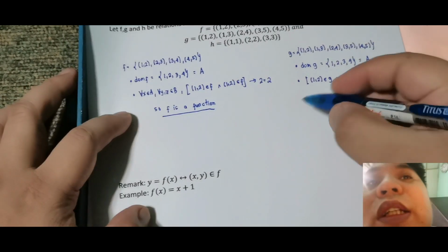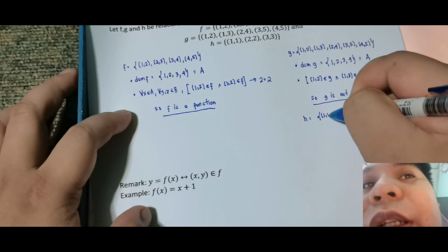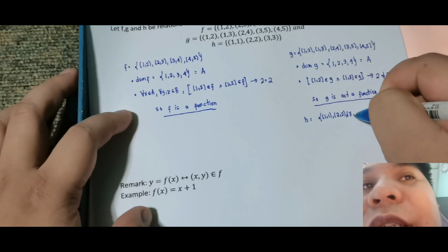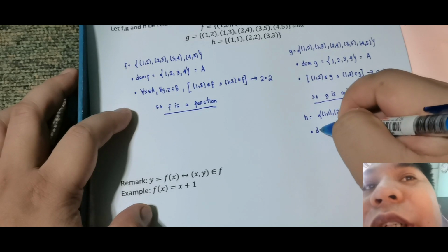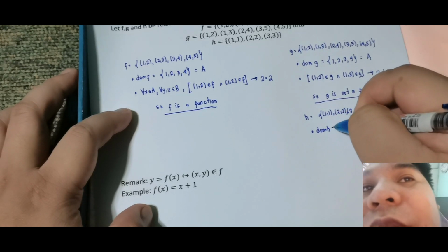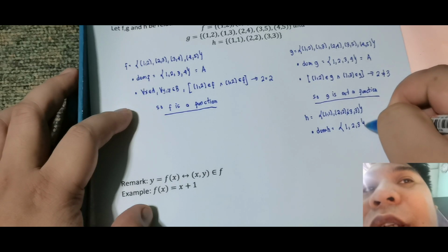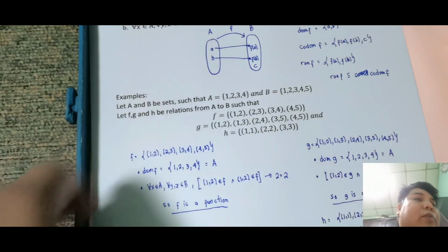Then letter H, check natin letter H. H is the set containing (1, 1), (2, 2), and (3, 3). Okay, so let's have the domain of H. What is the domain of H? The domain of H is just 1, 2, 3, which is not equal to A. Na-reference natin sa taas kasi 1, 2, 3, 4 dapat eh.